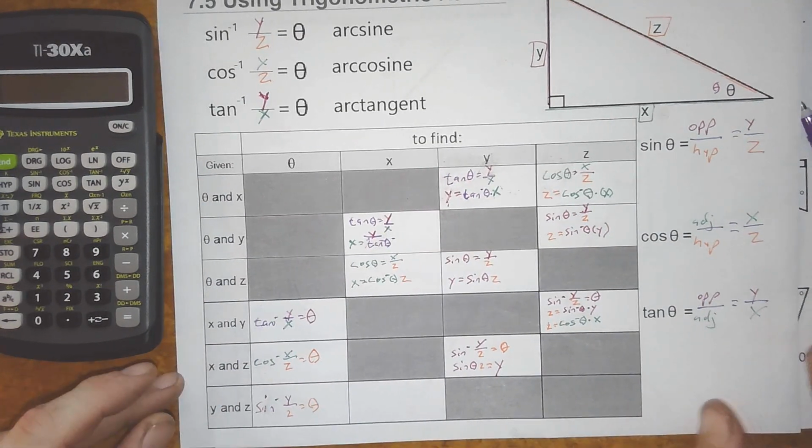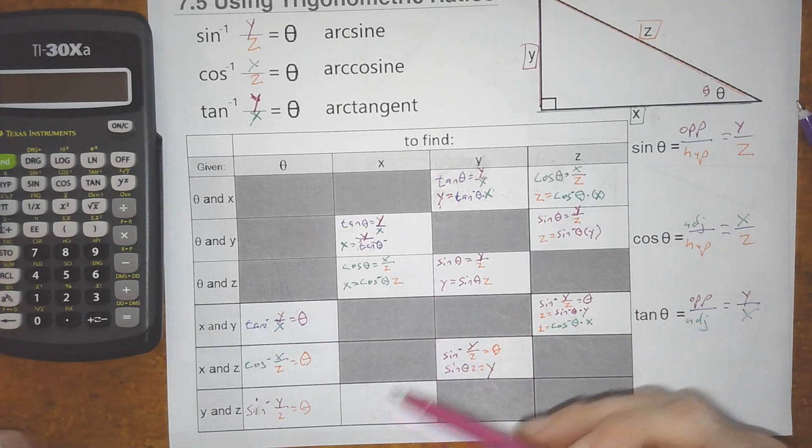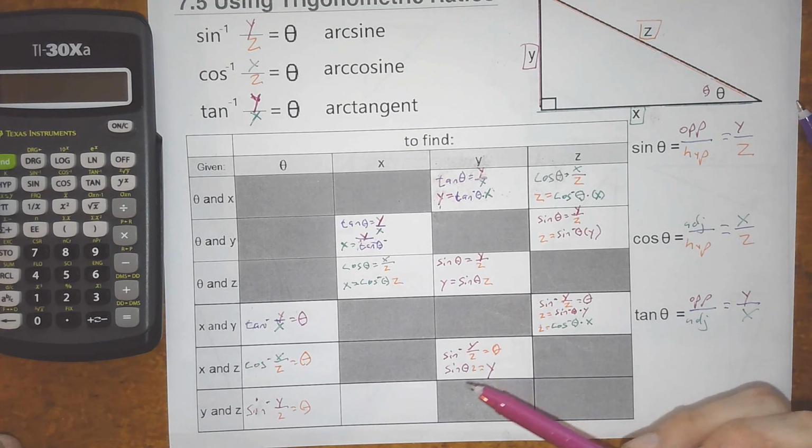Now once I know theta, I can figure out x by using cosine.